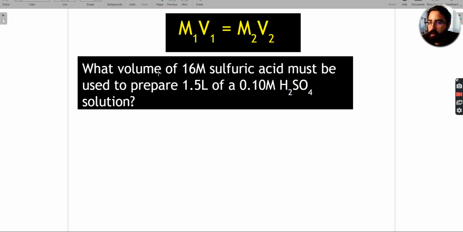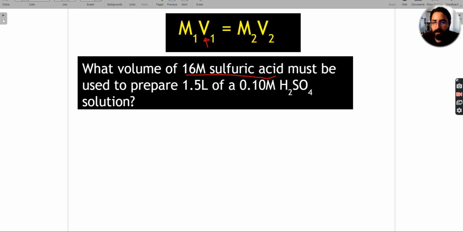So let's explain this. What volume of 16 molar sulfuric acid must be used to prepare 1.5 liters of a 0.10 molar? Little tip when reading problems, the word "of" is a unifying word. It puts data together. So 1.5 liters and that 0.1 molar, that means they go together. So what volume of 16 molar sulfuric acid must be needed?